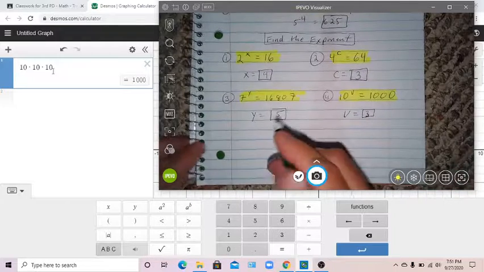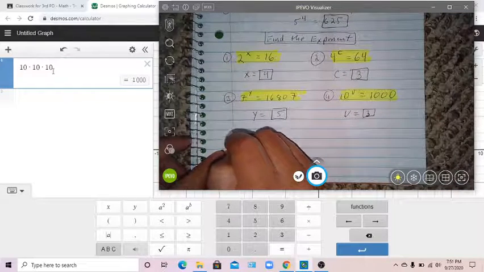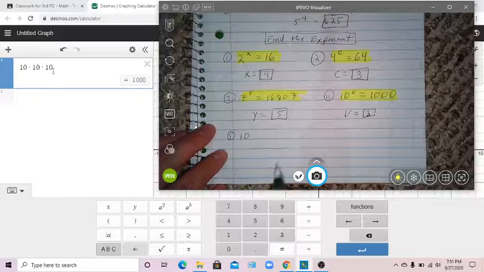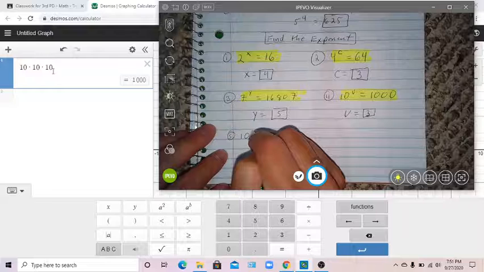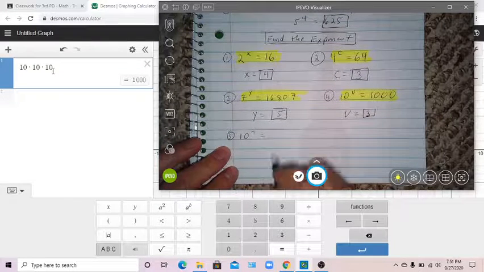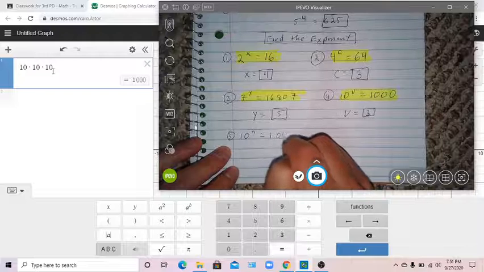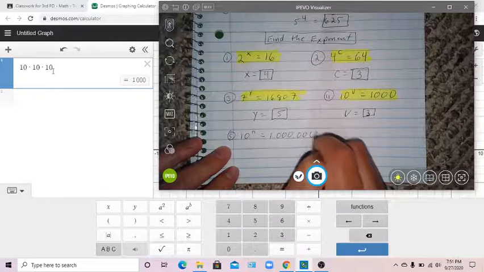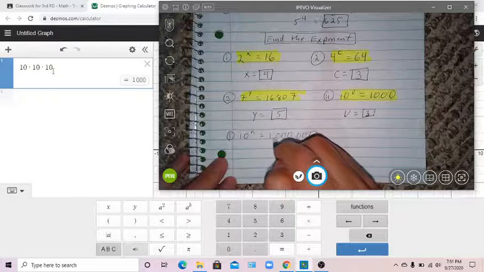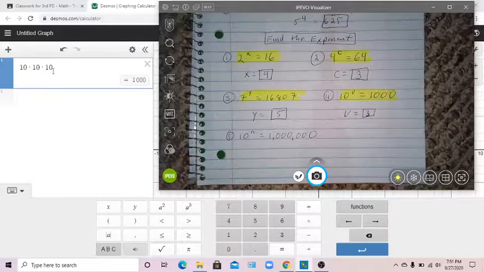Alright, let's do one more, number 5. 10 to the n power equals 1 million. Those are commas there, not decimals. 1 million has 6 zeros.